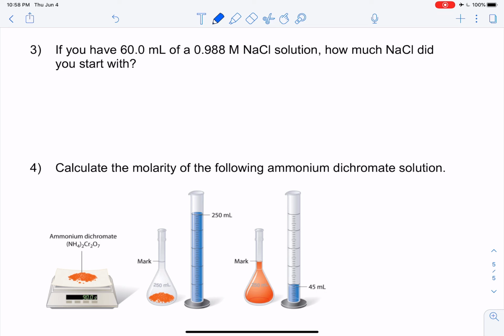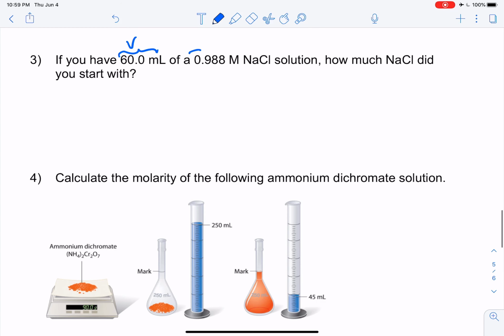So this one isn't straightforward, where we calculate for moles and we calculate for liters and we put moles over liters, and there's the concentration. What it's giving you is the volume and the concentration, the molarity.